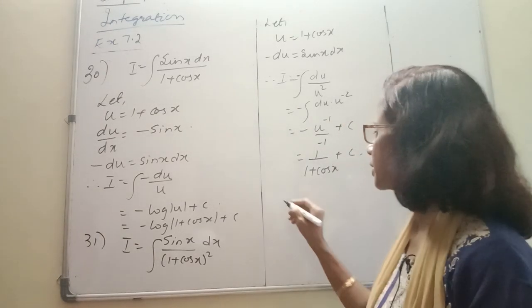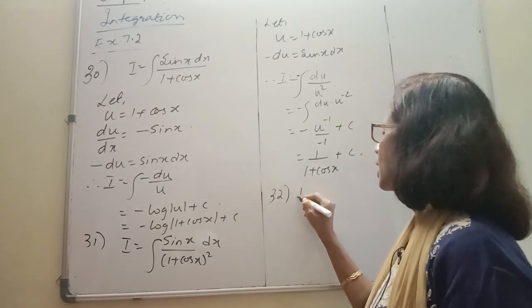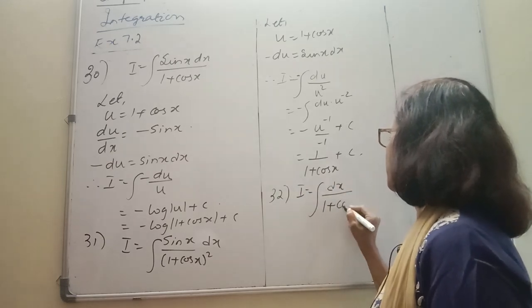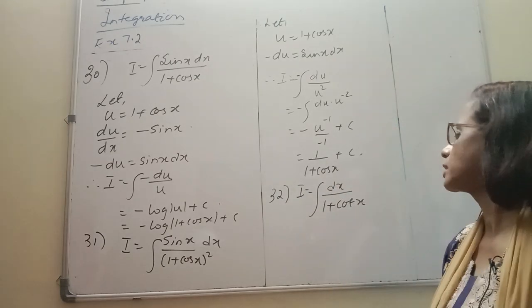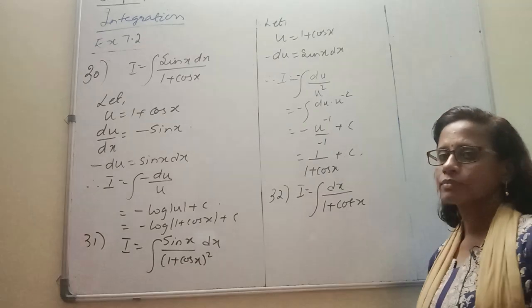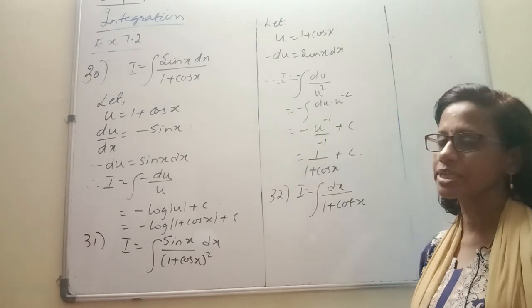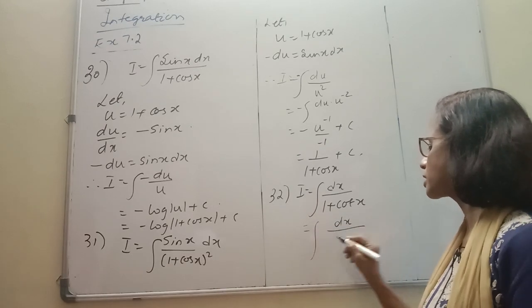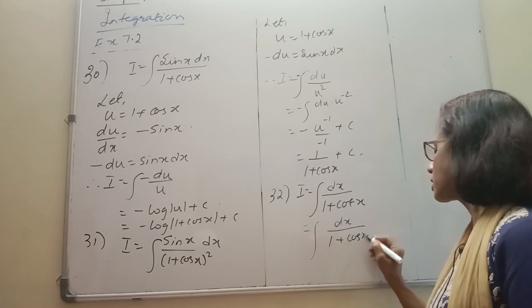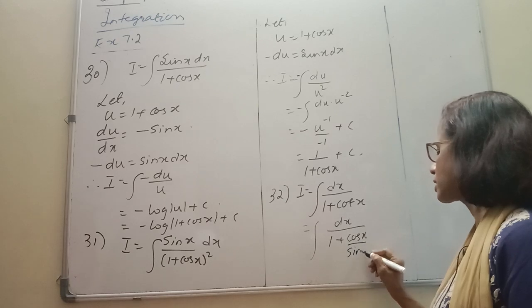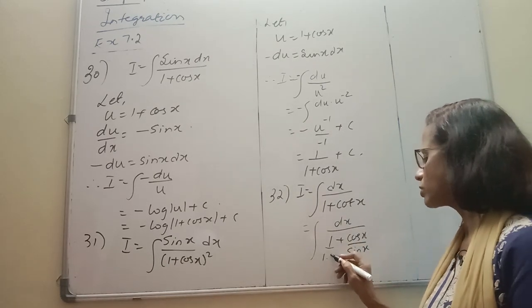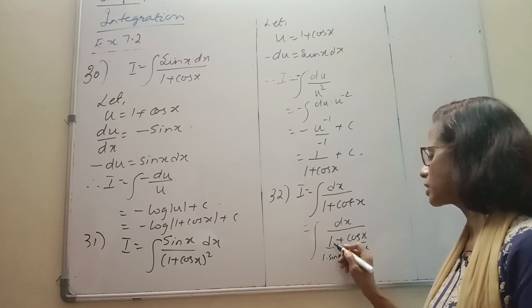Okay, then we can quickly go to the next problem. I is equal to integral of dx over 1 plus cot x. As such, 1 plus cot x is not of much help to us. So we will try to write it as cos x over sin x. Again, keeping it this way is of no good. So let's try to equalize.